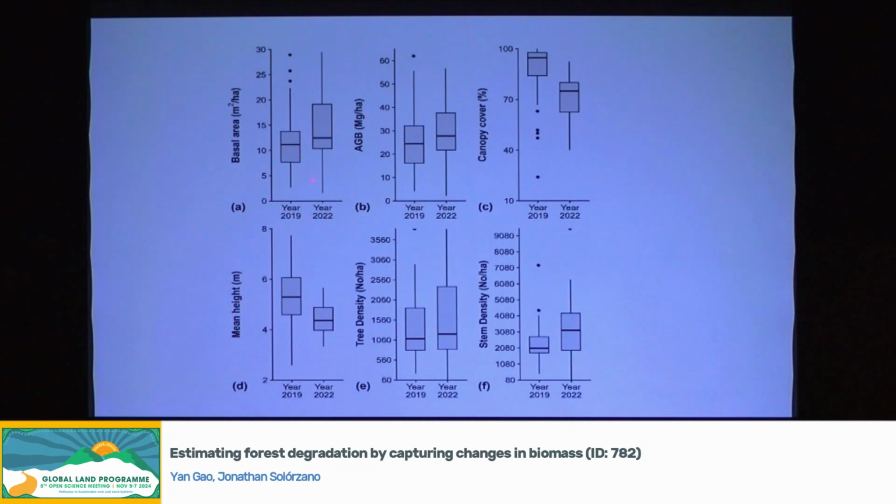We can see that the above ground biomass and basal area in 2022 appear a little bit higher than in 2019, but for the rest of the attributes, canopy cover has decreased, while stem density and tree density increased. We believe this is a sign of forest regeneration. Young trees are coming.